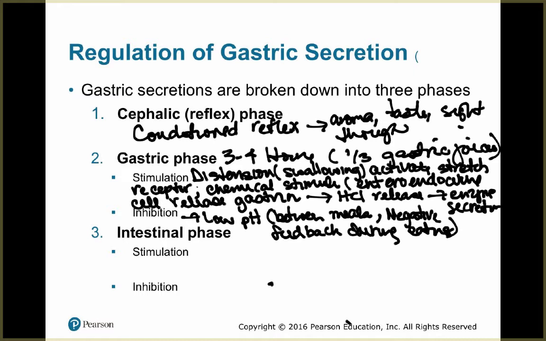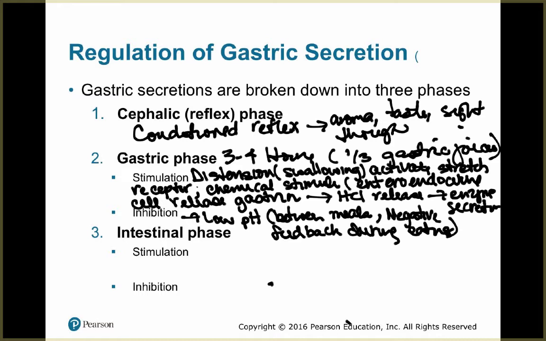So basically, this may not sound like it makes sense, but think about it. The more protein that you have, the more HCl that's going to be secreted, because hydrochloric acid is going to activate pepsinogen into pepsin, which then can break down proteins.